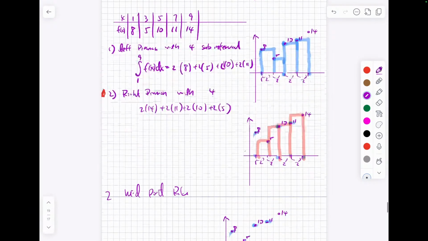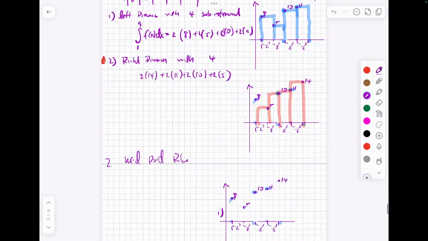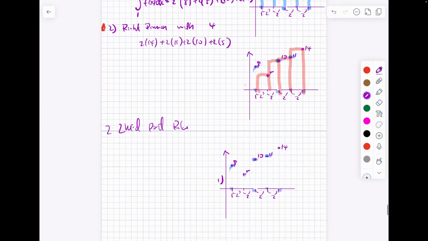Actually, you can only do 2 because you cannot do 4, because you don't have the value of 4. That means you need 8 values there. So you cannot have a 4, you have to have 2. If I want 2, then you want to think about this as a rectangle like this, but you cannot base it on the endpoints.